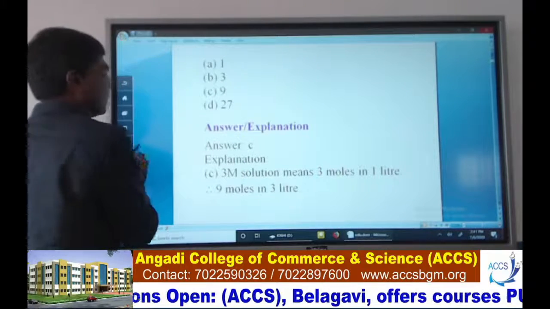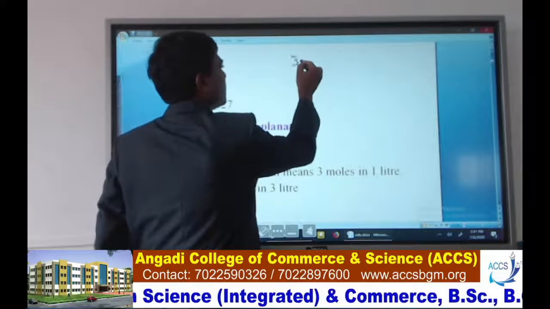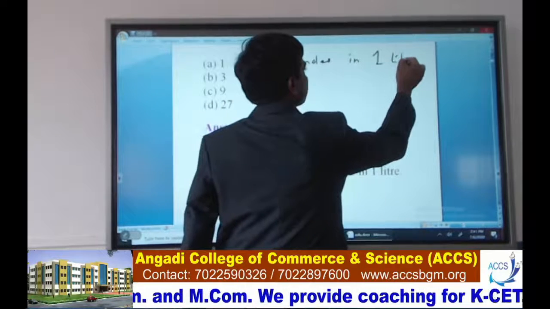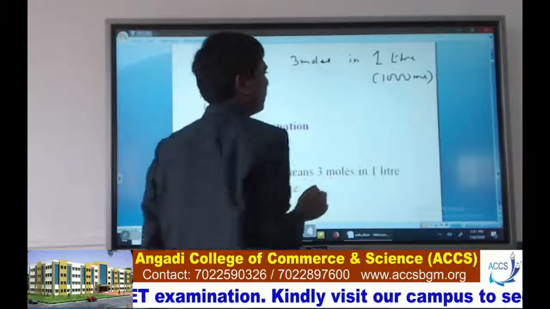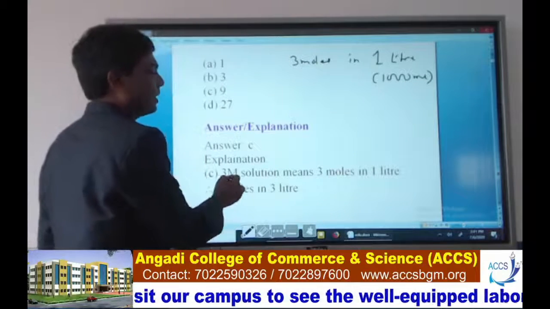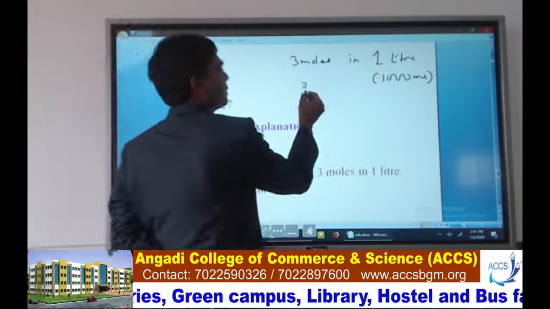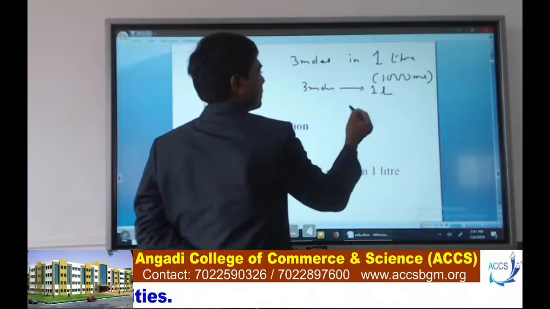Let's see here. 3m solution means what? 3 moles in 1 liter of solvent. 1 liter means what? That is 1000 ml. Okay. And how many moles will be present in 3 liters, I can write here: 3 moles is equal to 1 liter.